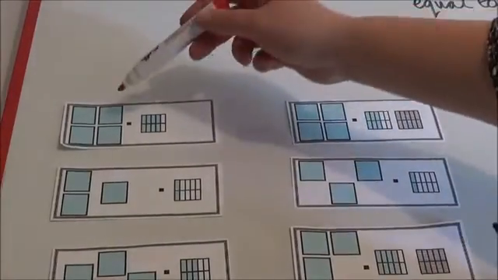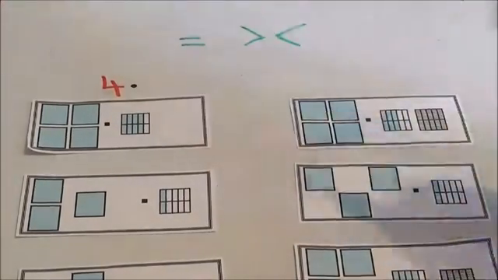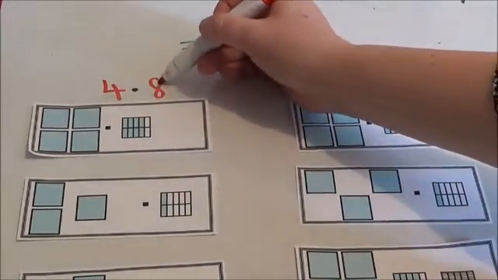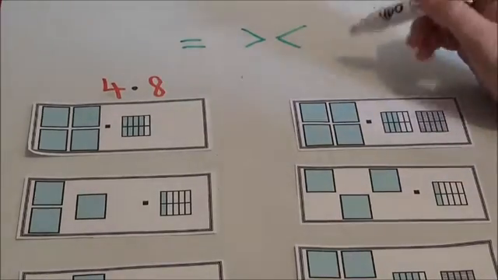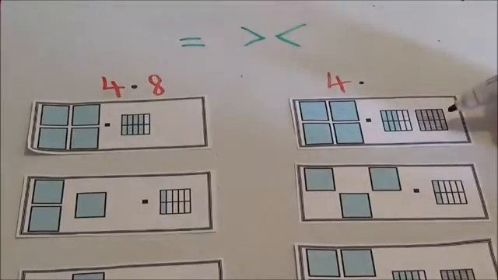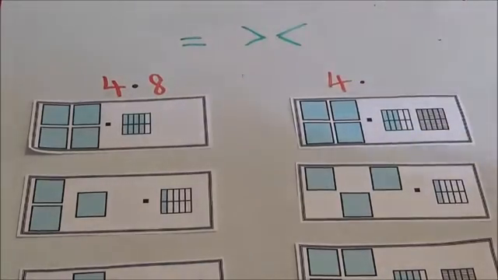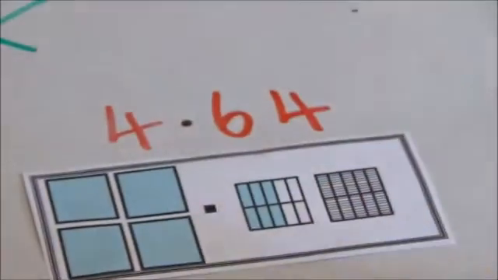Okay, so let's go through some of these examples. Here I've got 4 units, my decimal point, and here I've got 8 tenths. This number here, I've got 4 units, my decimal point, it's tricky for you to see, but here I've got 6 tenths and 4 hundredths.